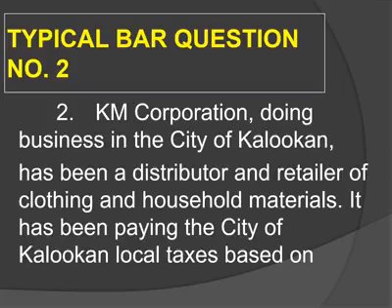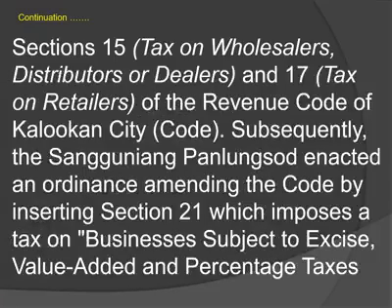KM Corporation, doing business in the city of Caloocan, has been a distributor and retailer of clothing and household materials. It has been paying the city of Caloocan local taxes based on sections 15 and 17 of the Revenue Code of Caloocan City, the code.